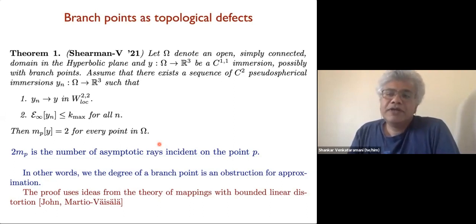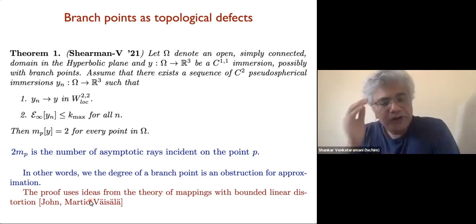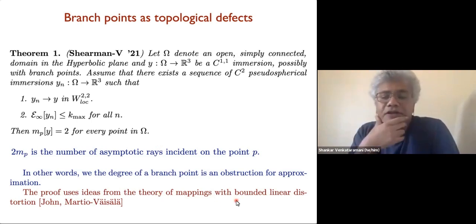So you want to show that there's a uniform size you can take to these circles, and that follows from some ideas due to Fritz-John and then in the theory of mappings with bounded linear distortion. I will not talk more about this, but the details are in the paper.